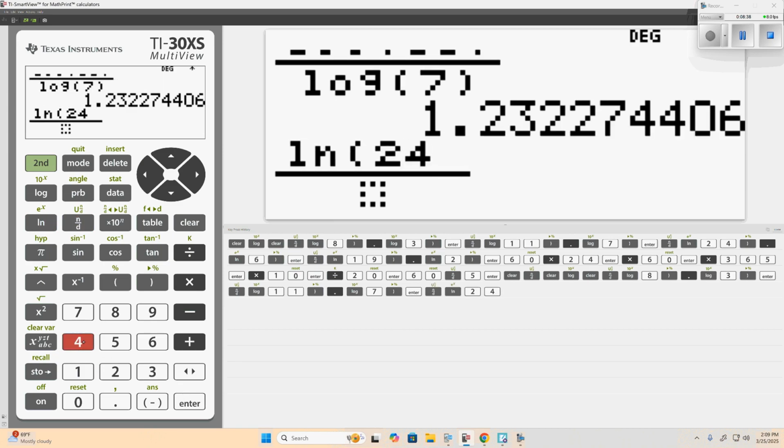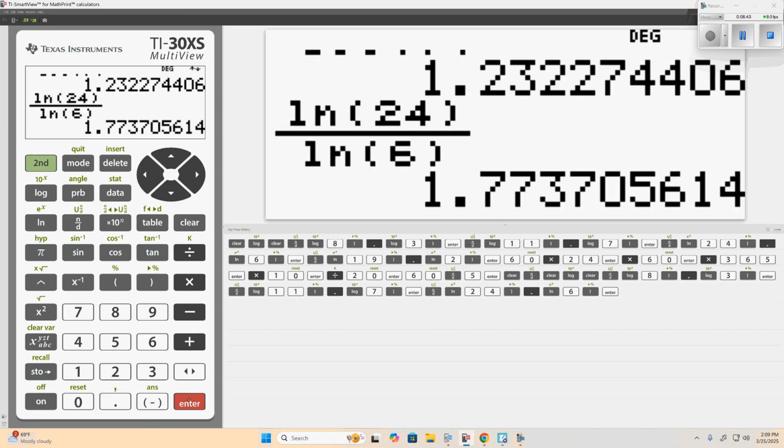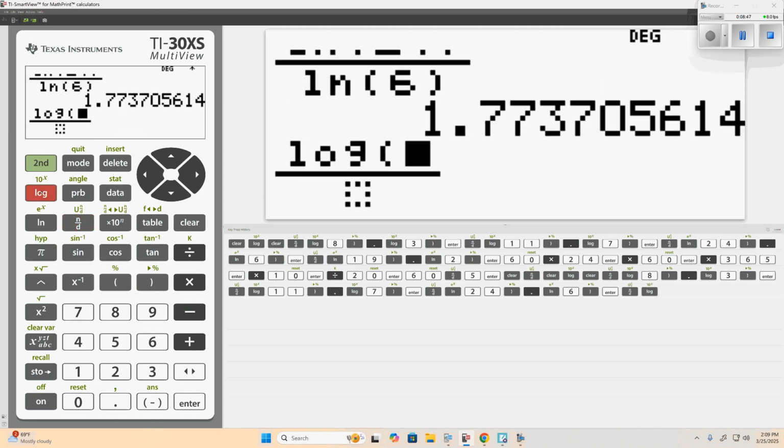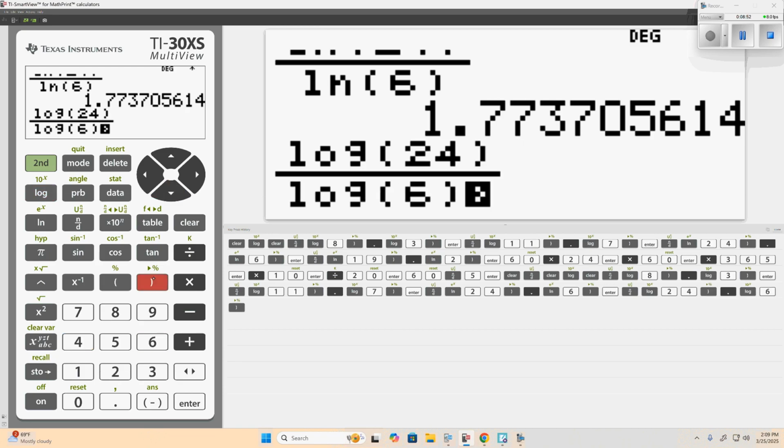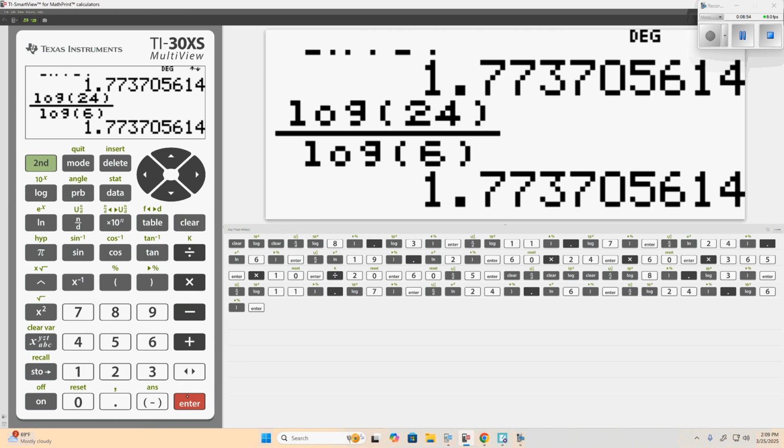Natural log of 24 over the natural log of 6, and we get 1.7737. Now, if we looked at it with log of 24 over log of 6, we get 1.7737. That is the exact same value.